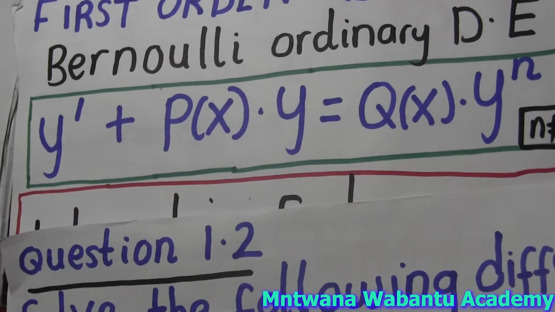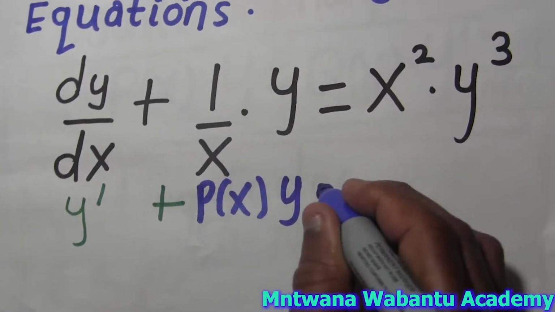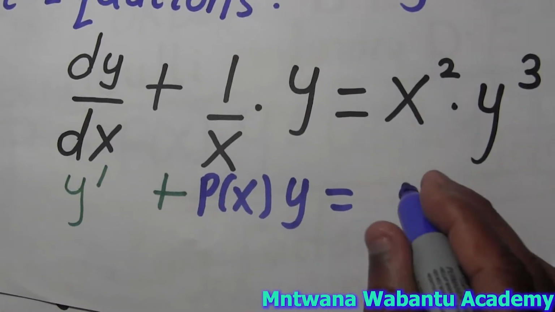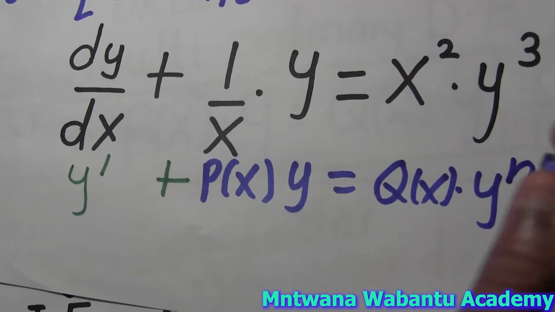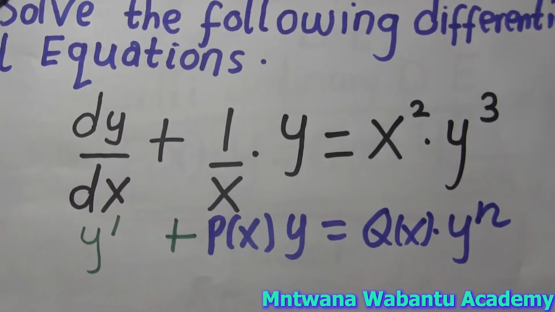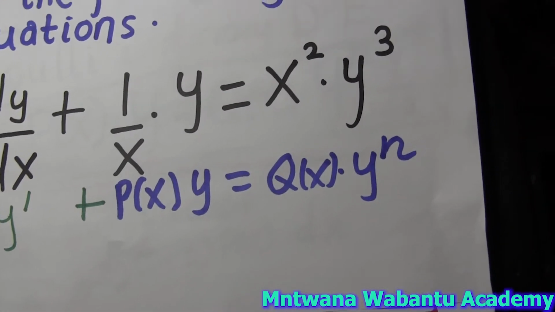Check the formula: there's a y, and then there's a q(x), and this is y to a power. So this is a Bernoulli differential equation. You know what p(x) is? It's 1 of x.